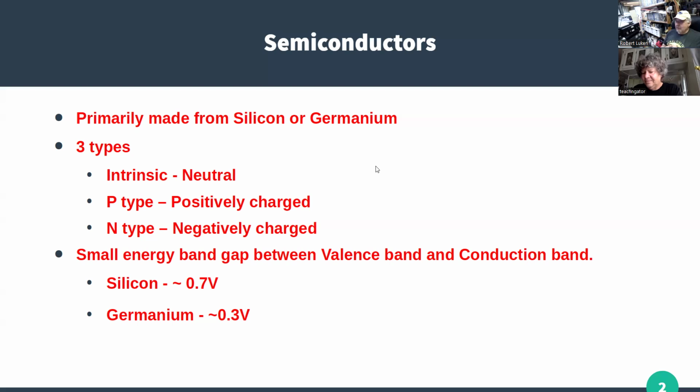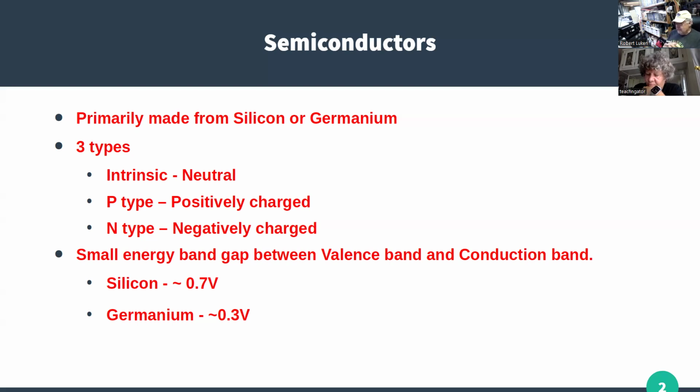And when we talk about the P-type and N-type, there's going to be what we call an energy band gap between the valence and the conduction band, and I'll talk more about that.